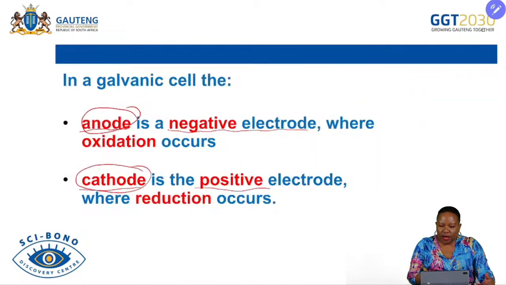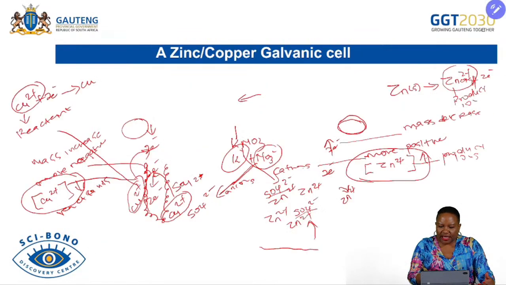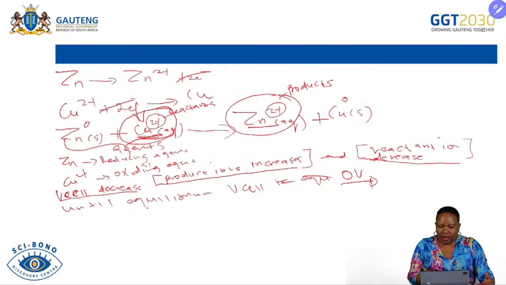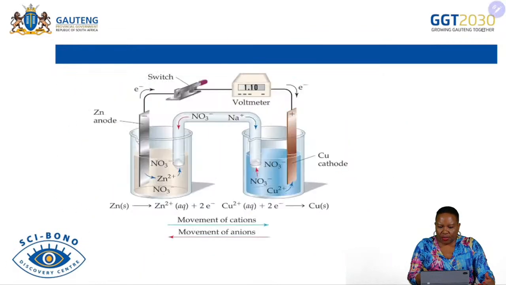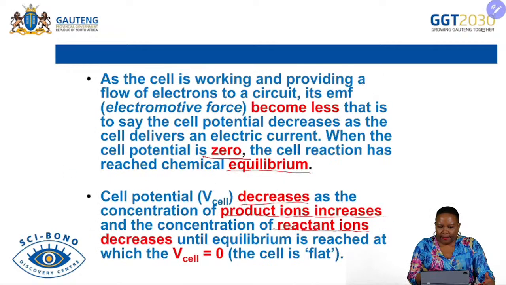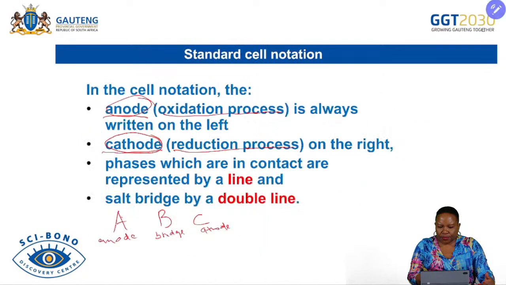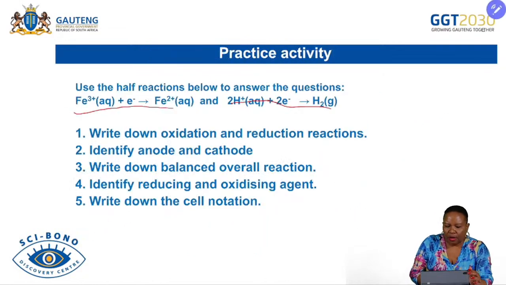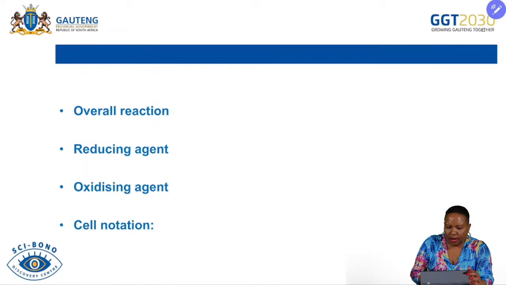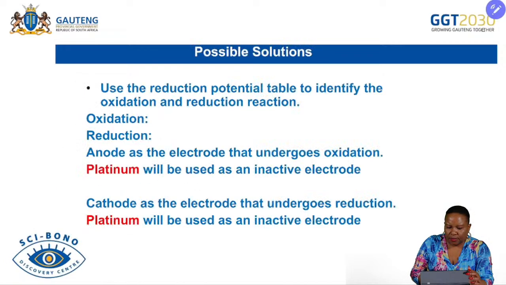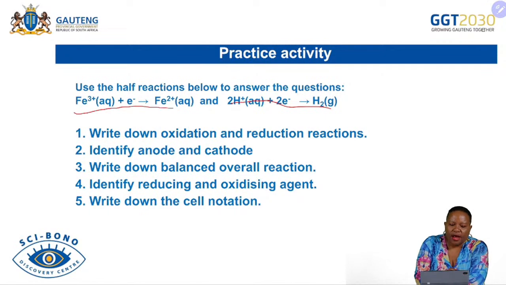Then let's go to the questions and see what we need to do in terms of these two half cells. Now they say write down the oxidation and the reduction reactions for the two.